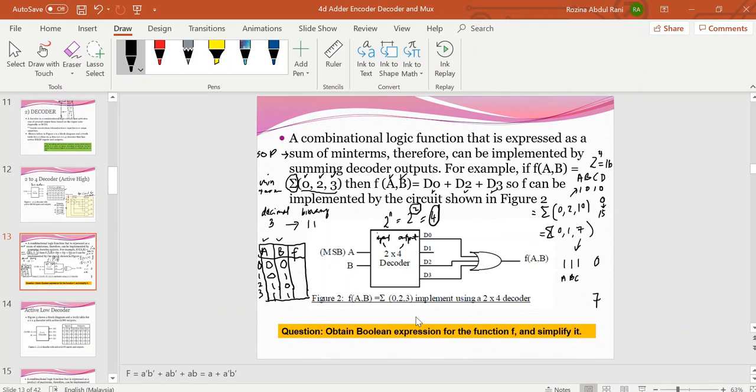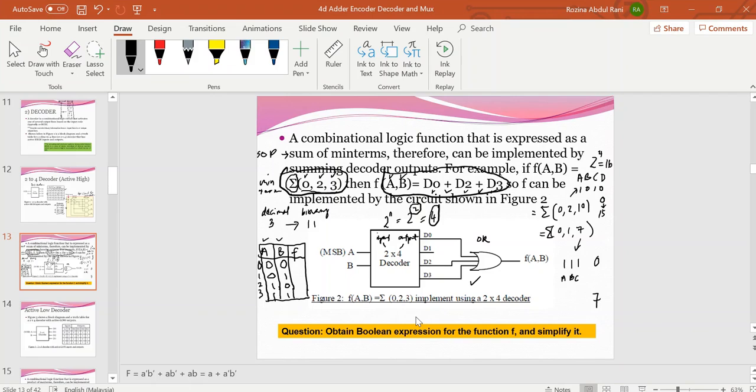This is what the 2 to 4 decoder looks like for this Boolean function. You need to have OR gates to complete this sum operation.